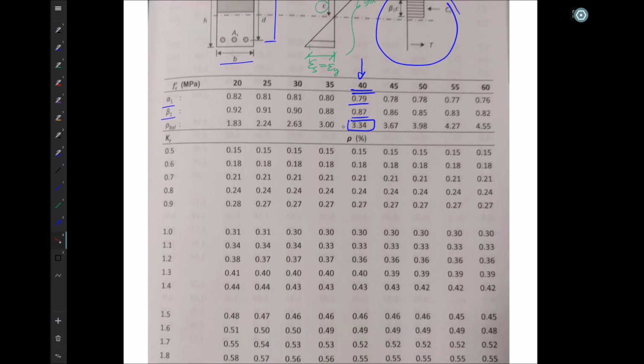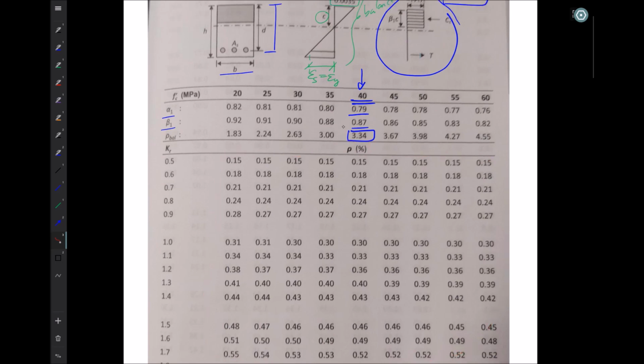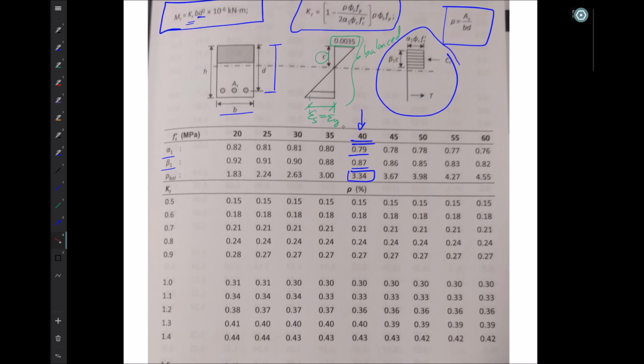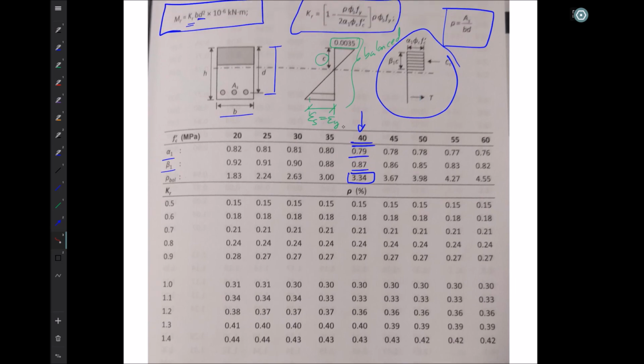Now, if we look below this section here, we can see all the information that we need to find those Kr values. All the values that we have in the main section of the table are values of Rho, area of steel divided by Bd. What we're going to do is find the value of Rho that we have in our beam.